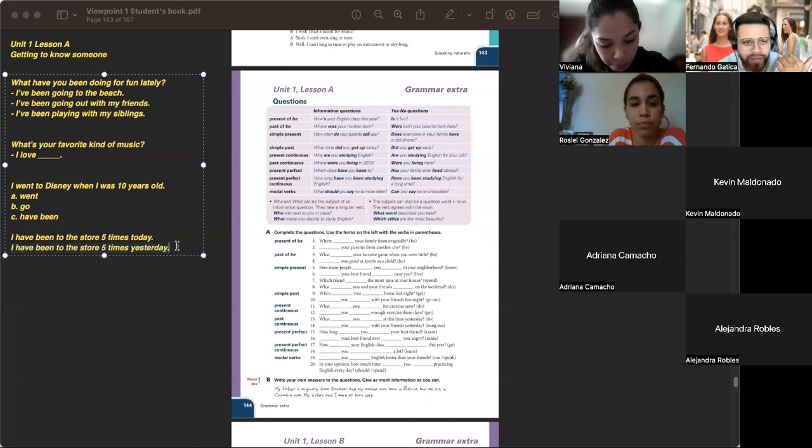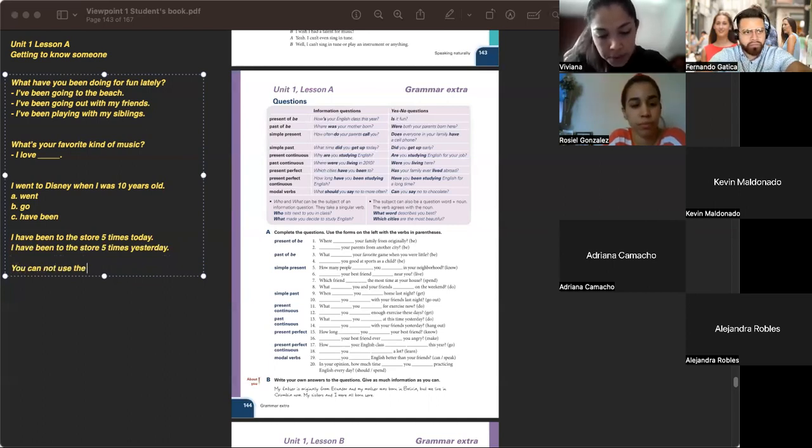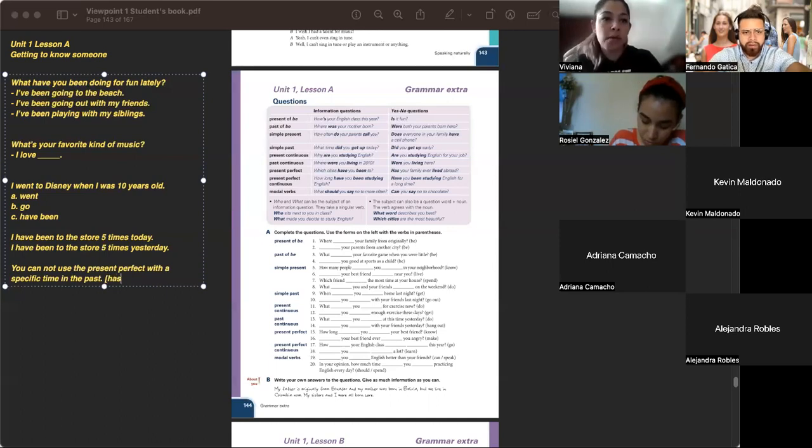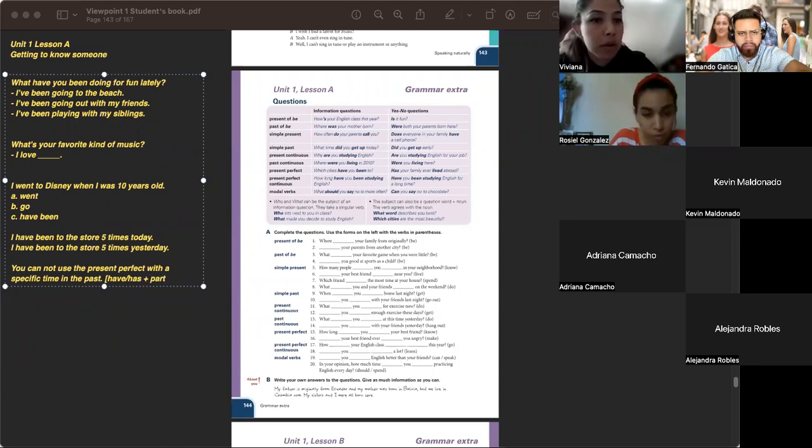And you cannot use the present perfect with a specific time in the past. Remember, the present perfect is have or has, and the verb in the past participle form.